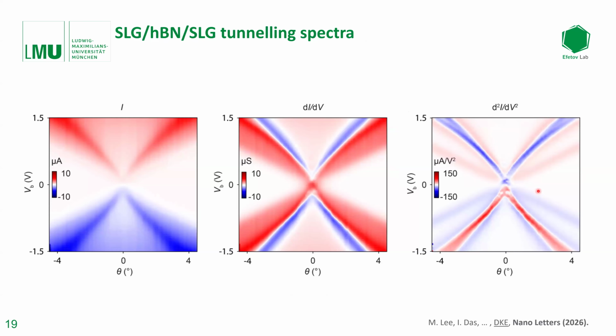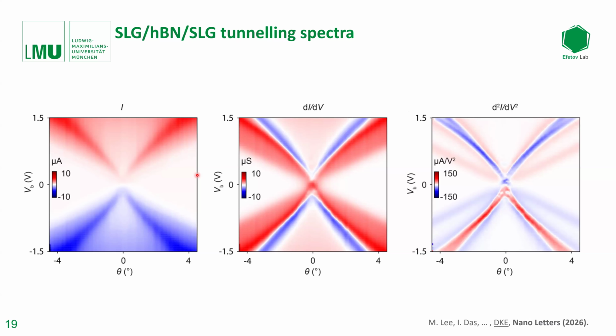So here are typical tunneling spectra as a function of the bias voltage, which you can think of as proportional to the Fermi energy, and the twist angle theta, which you can think of as proportional to the momentum. In some sense, these are really spectral functions, similar to what you can observe in ARPES experiments, that encode the information about the band structure of the material under probe.